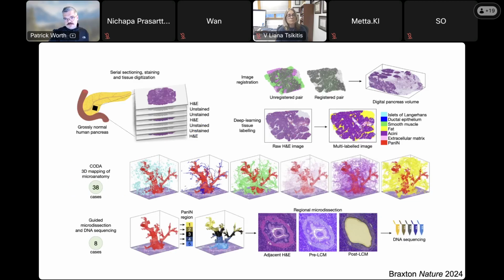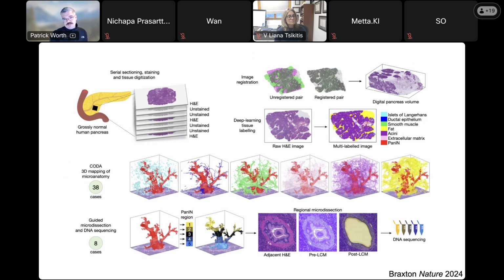Laura Wood's group and Ashley Kiemen at Hopkins also have recently published some really elegant work making spatial landscapes using this technique they developed called CODA, which models multiple layers of tumors through H&Es and is able to develop a 3D structure of these tumors and of the precursor lesions, in fact.